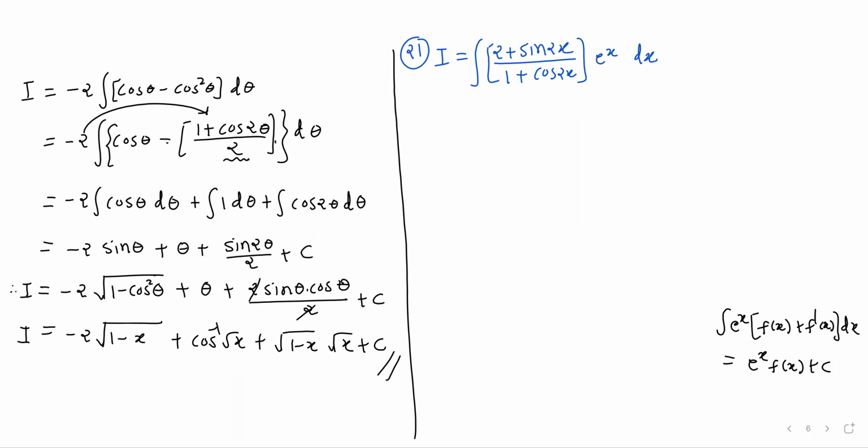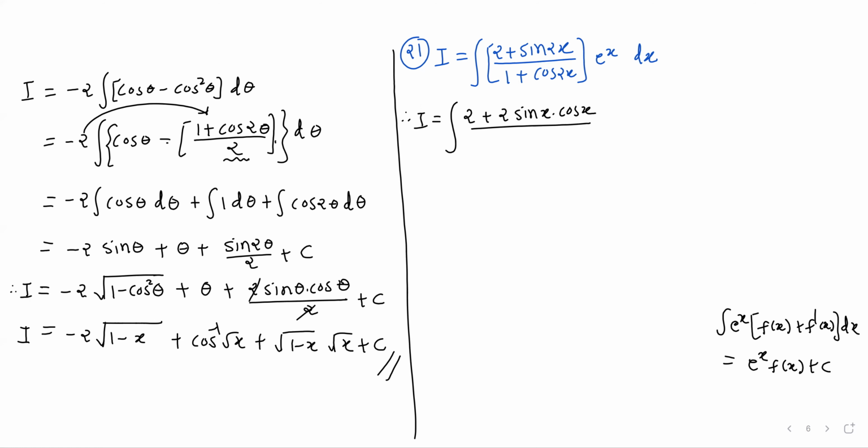So into bracket आपको क्या लाना है, f x plus f dash x. So first simplify all the sin 2x, convert it into simple form. So sin 2x becomes 2 sin x cos x.